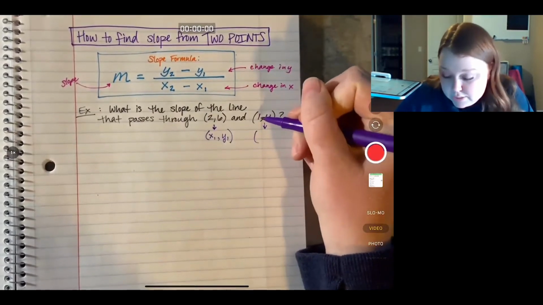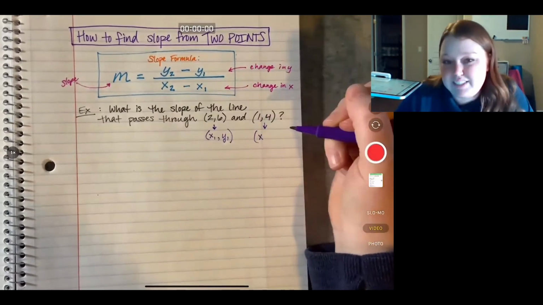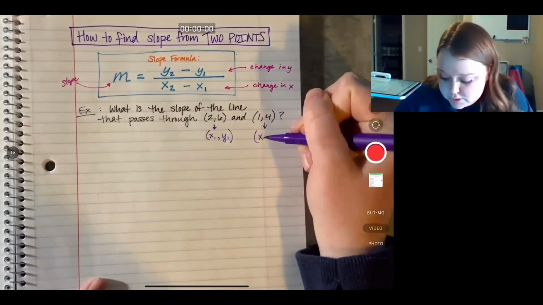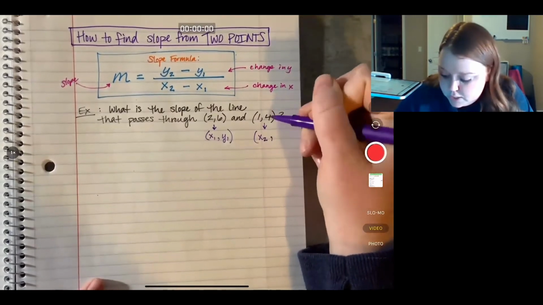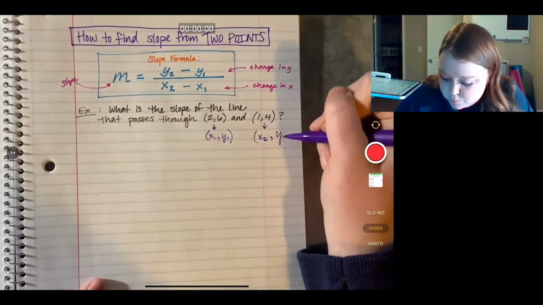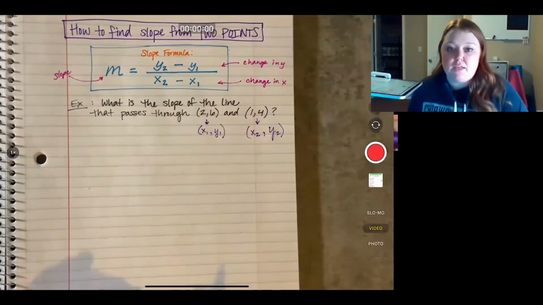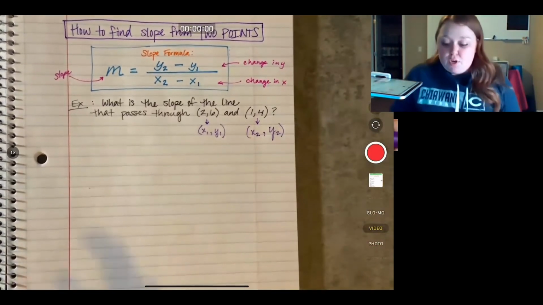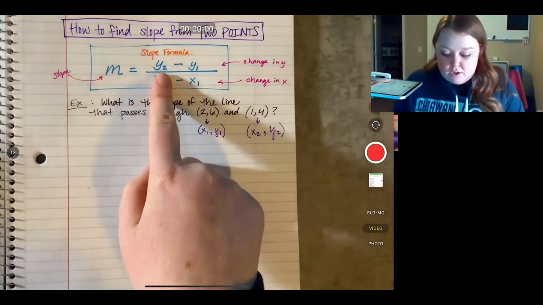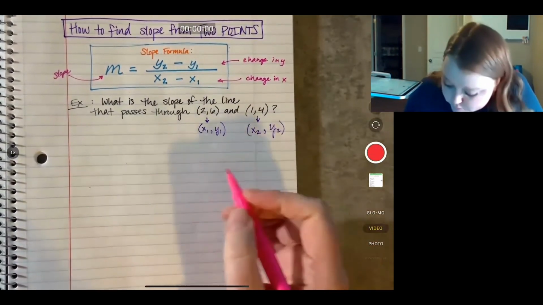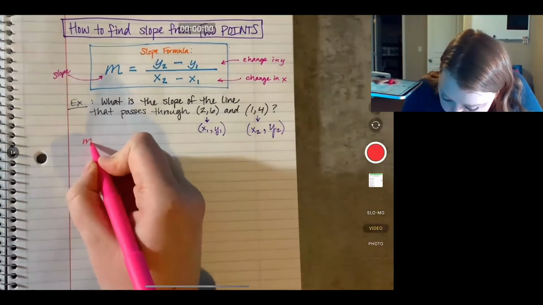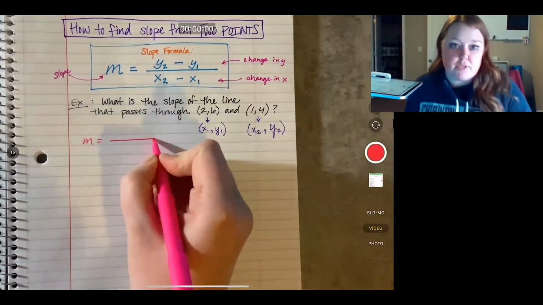Well, the 1 is your x value, but since it's from the second ordered pair, that's your x sub 2, which makes the 4 your y sub 2. So when you go and use this formula, all you're going to do is plug in the right numbers to the right spots. So let's go ahead and use this formula.